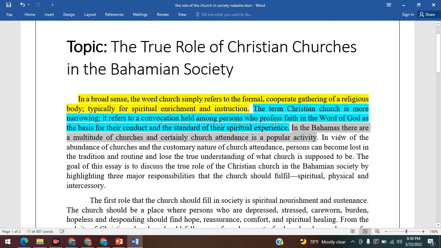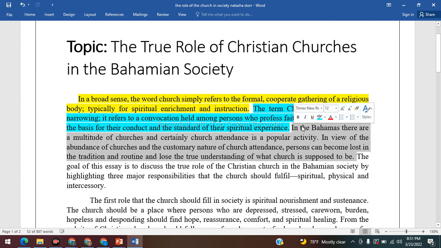Now, in view of the abundance of churches and the customary nature of church attendance, persons can become lost in the tradition and routine and lose the true understanding of what church is supposed to be.